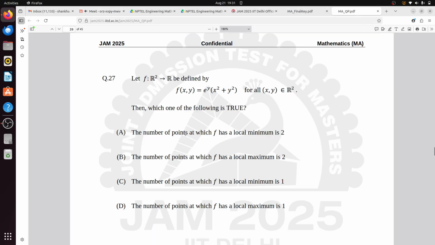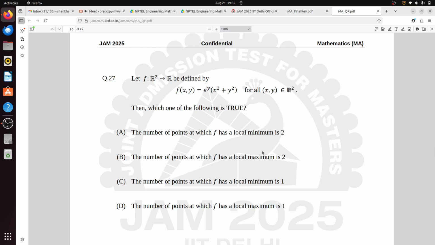Okay, so first and foremost you need to get del f del x equal to 0 and del f del y equal to 0. If you take del f del x equal to 0, the e to the power y will not be useful, it can never be 0, so remove it first. So 2x equal to 0 and 2y equal to 0. So 0,0 is your critical point.